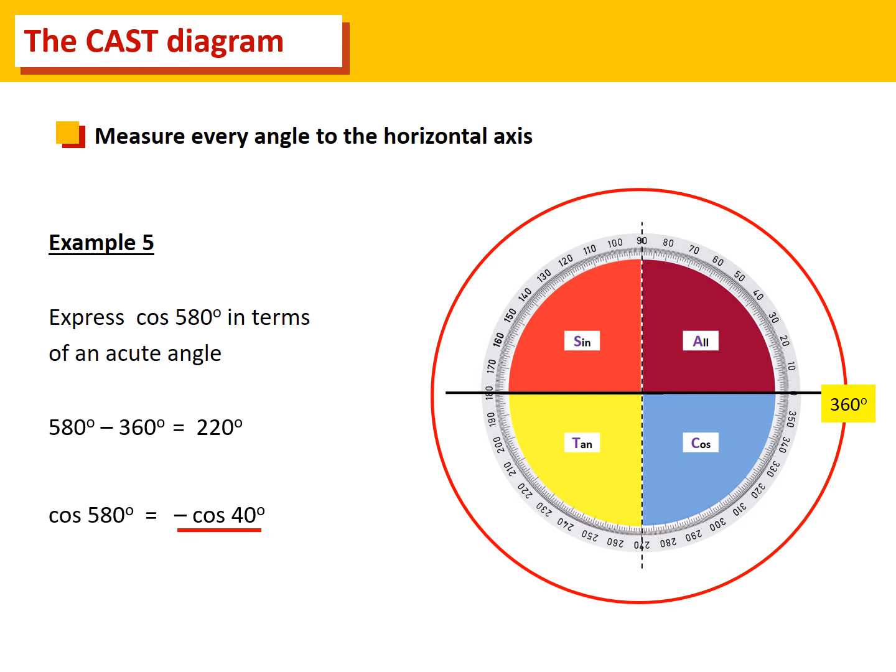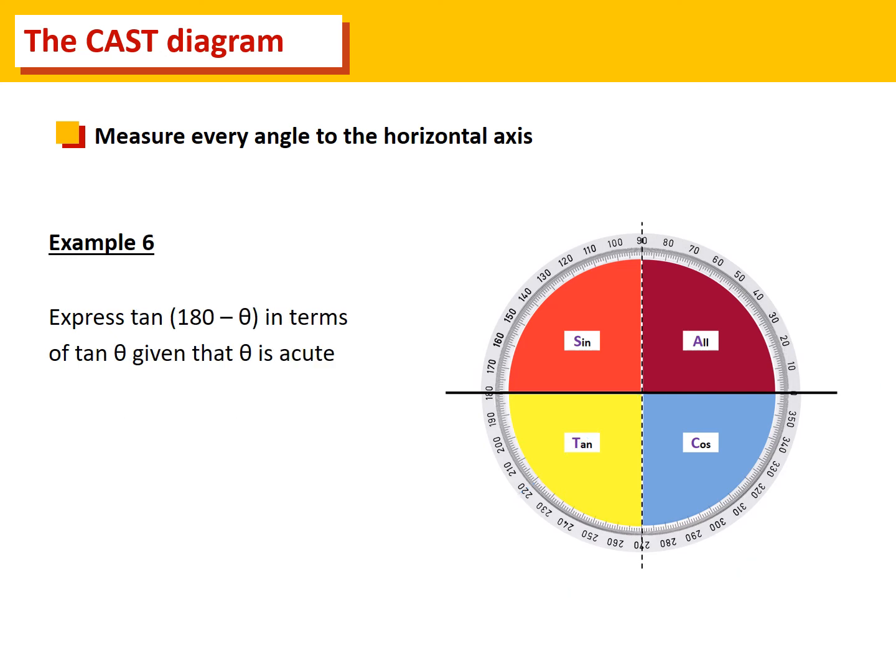I hope you can work that one out. There's 220. There's 40 degrees to the horizontal axis. And we know in the yellow quadrant that cosine is negative. So cos of 580 is negative cos of 40 degrees.